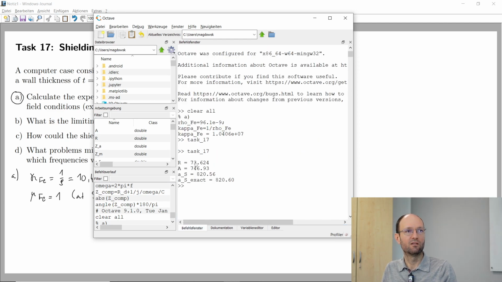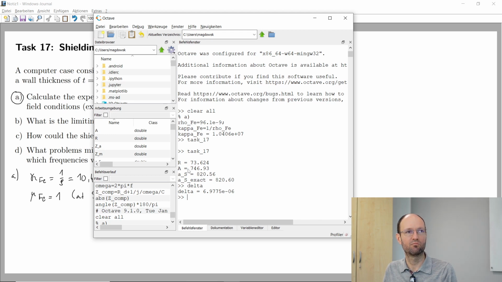Okay, and so we get some reflection loss that is not super high, but of course as the wall is quite thick in comparison with our skin depth, because skin depth is just some micrometers at 500 megahertz of frequency, we get super high attenuation due to absorption.